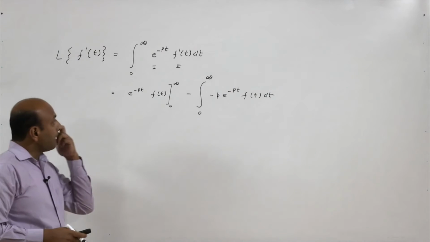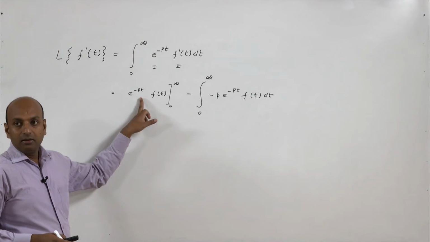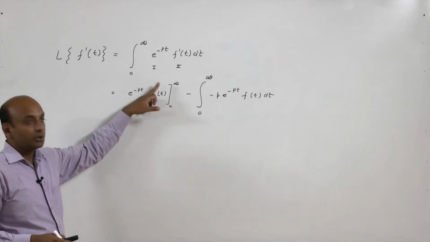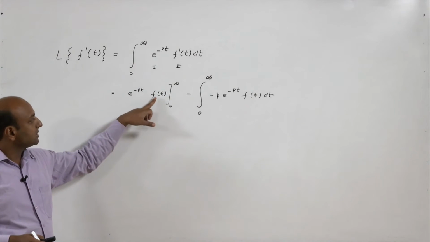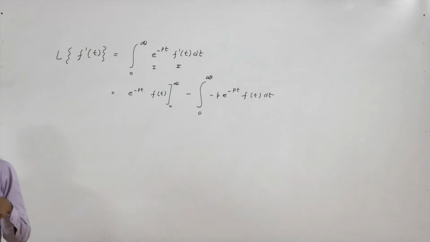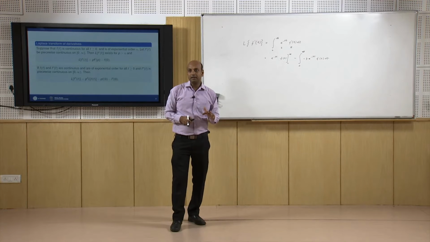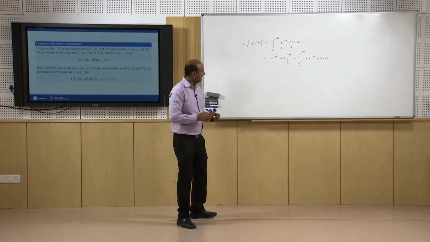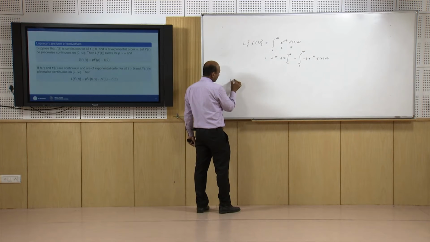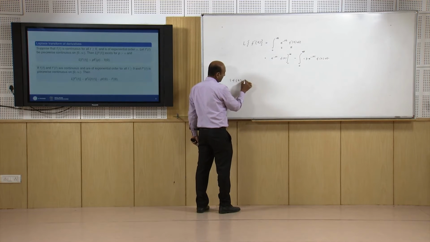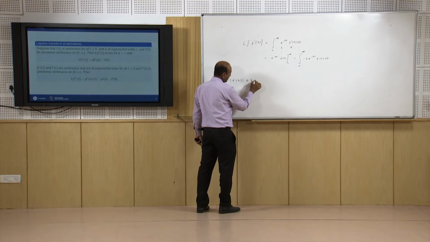Now, when t is tending to infinity, this value tends to 0. Why? Because f(t) is of exponential order. Since f(t) is of exponential order, there will exist some k and alpha such that mod of f(t) is less than or equal to k e to the power alpha t.